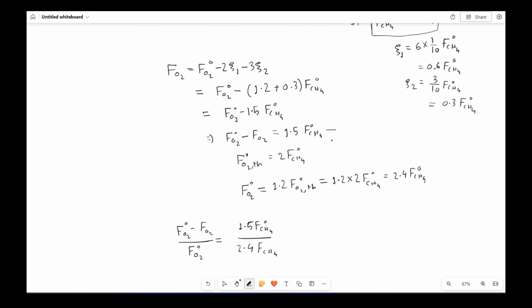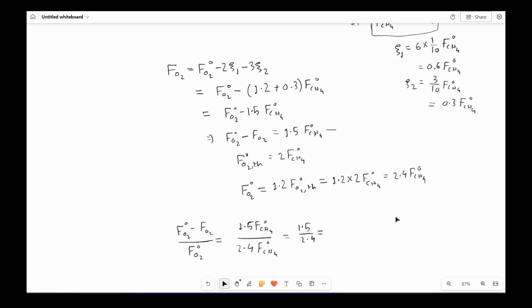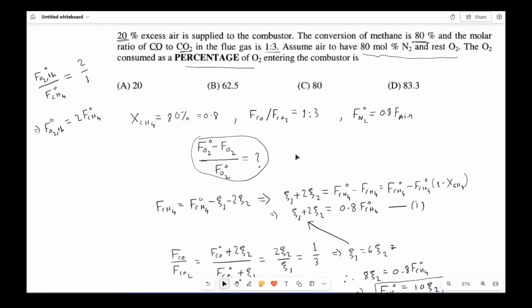That is 1.5 divided by 2.4, which is equal to 0.625. So the answer is 62.5%. So the answer for this is option B.